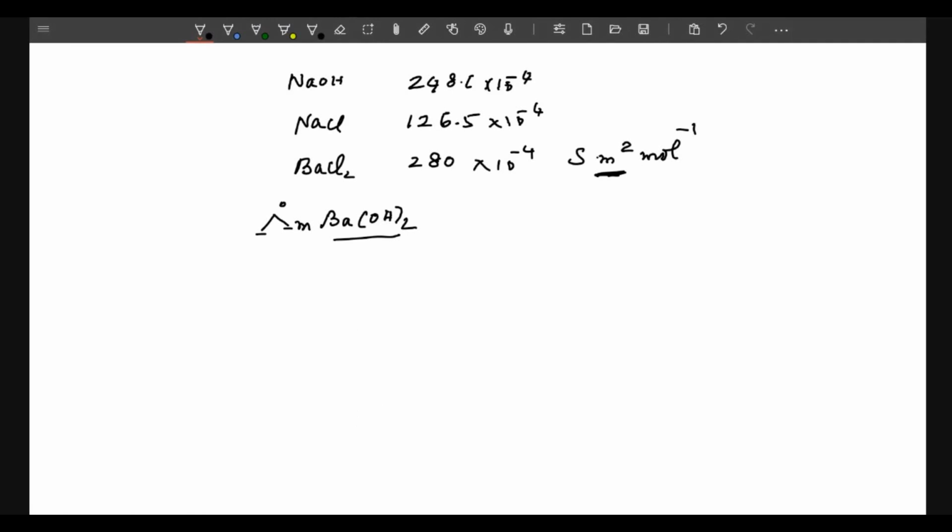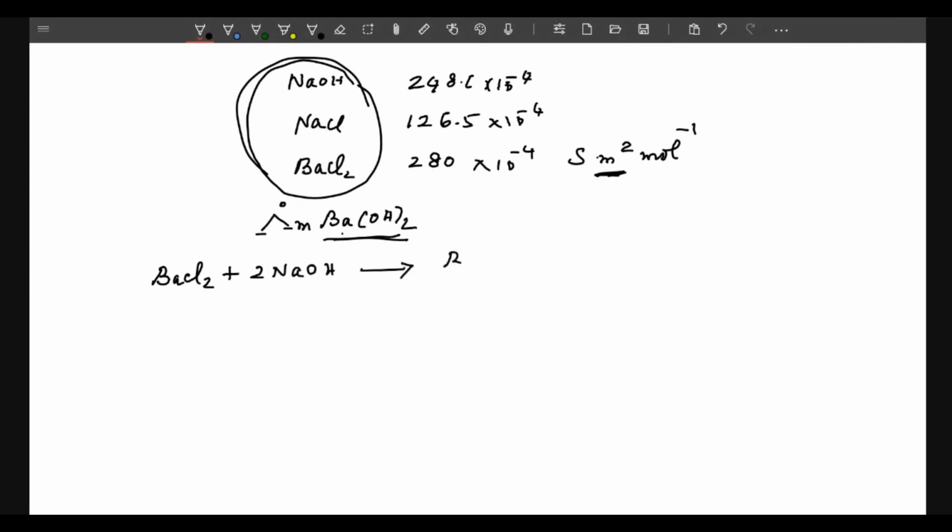First, making use of the strong electrolytes, you should write down the equation so that barium hydroxide is formed. Barium hydroxide can be formed using these electrolytes: barium chloride treated with sodium hydroxide. Immediately barium hydroxide would be precipitated, and another product, 2 sodium chloride, would be formed.